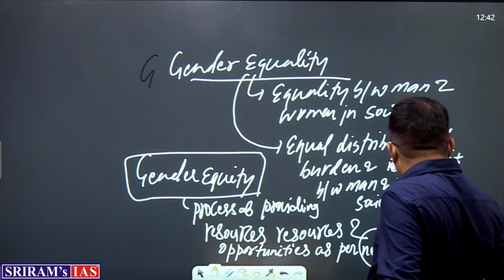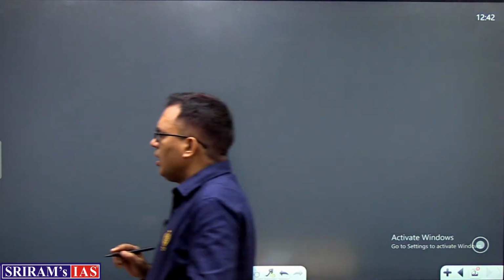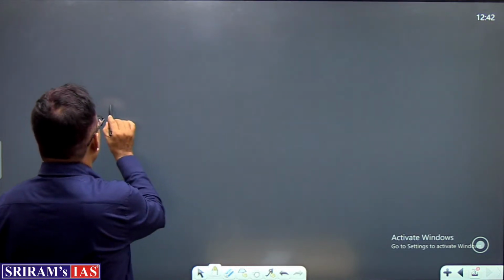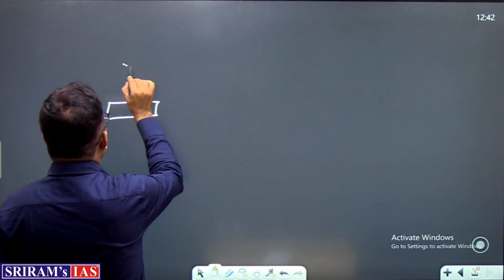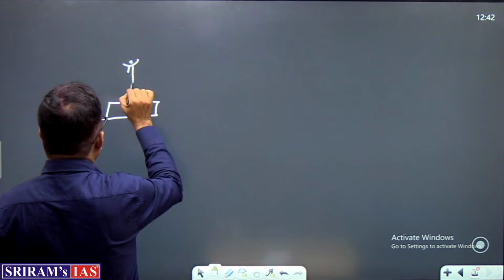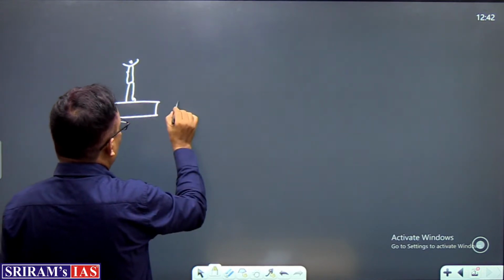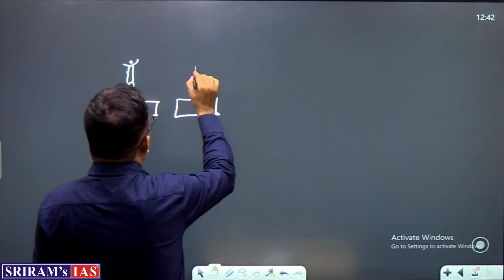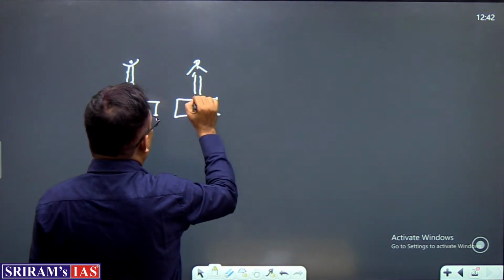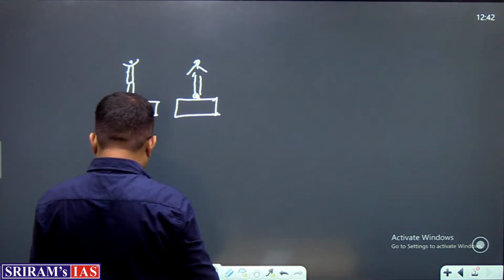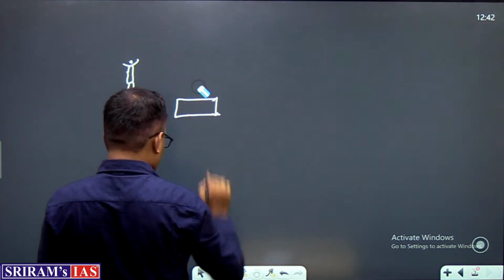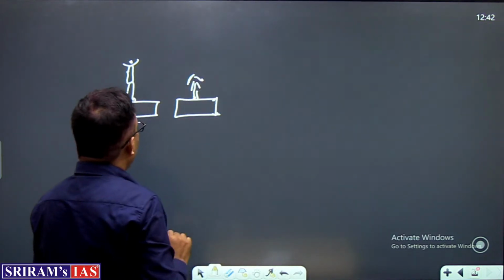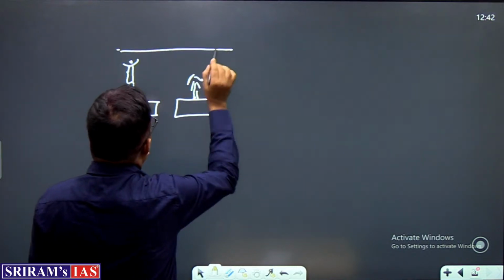So when we go for equity, for example, suppose two individuals are there. By one pictographic representation we can say, suppose one person is standing here and one person is standing here. And this person standing here, in terms of height, is less, and there is a common platform.